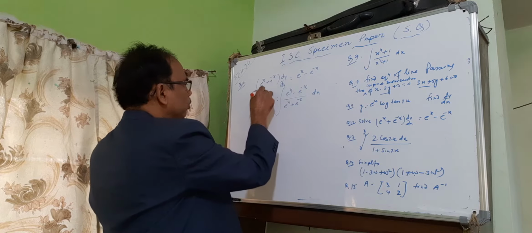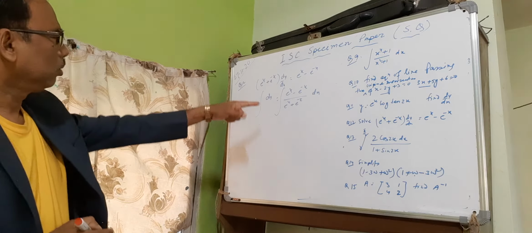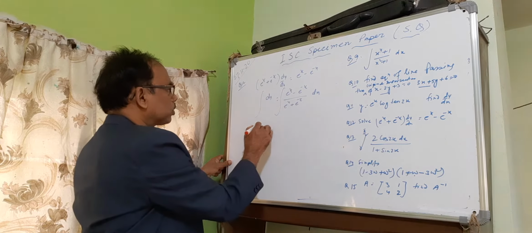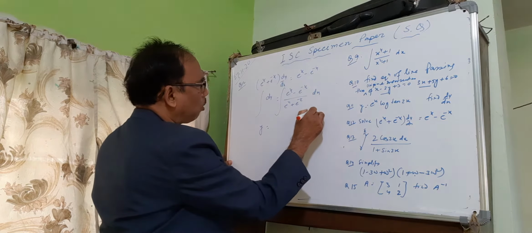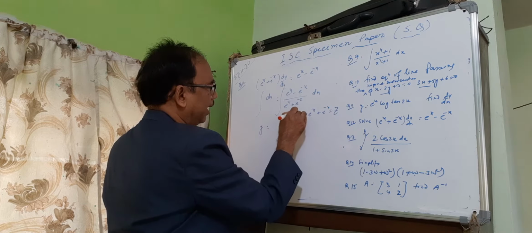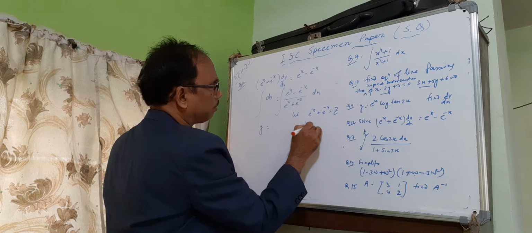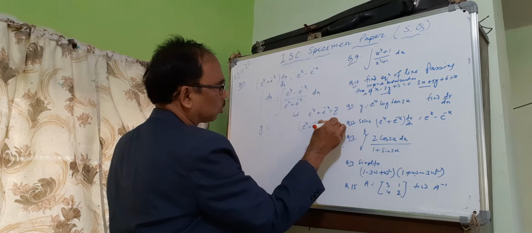Now integrating both sides. Actually it is a differential equation sum. We have to find this. Now integrating both sides, y equals, let e^x + e^(-x) equal z. Then (e^x - e^(-x)) dx equals dz.